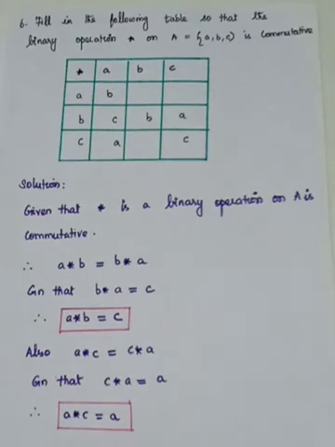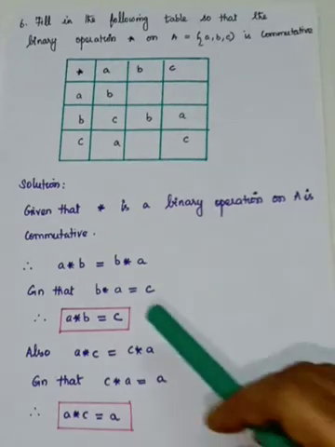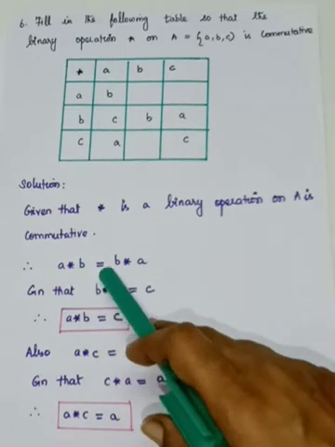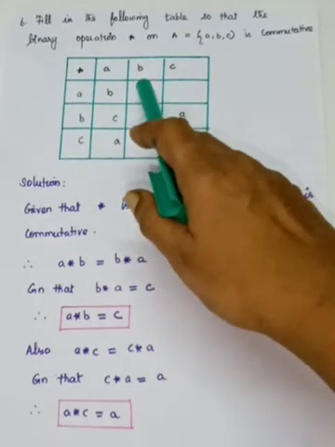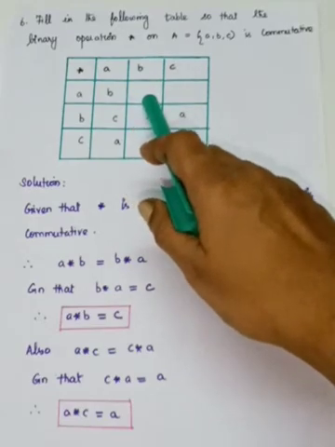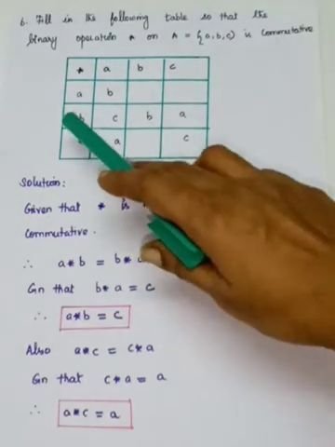So commutative means what? a asterisk b is equal to b asterisk a. Okay, so if you interchange the elements, both give the same answer. Go for a asterisk b, that we have to find out. Then b asterisk a. What is b asterisk a?